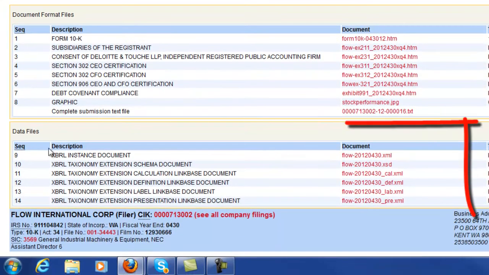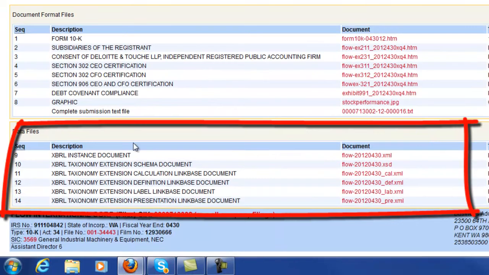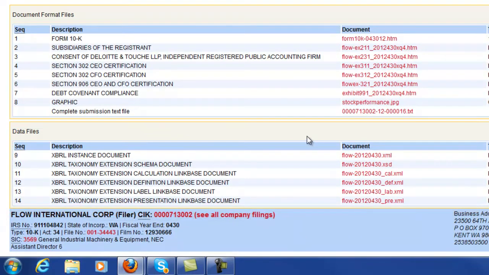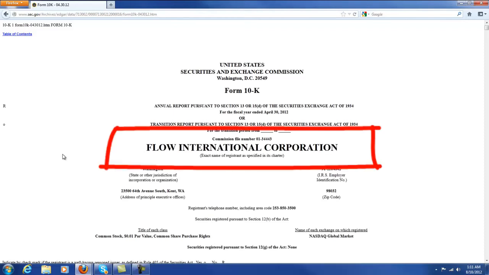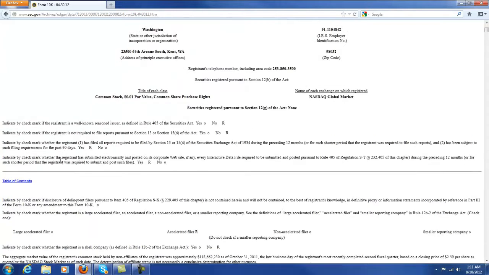But below you have various data files, and I will talk about them later in the video, but for now let's access the first link. As you can see, we are taken to 10K as it is indicated on the form. This 10K is for Flow International Corporation, and it is, as I mentioned before, a very important document.